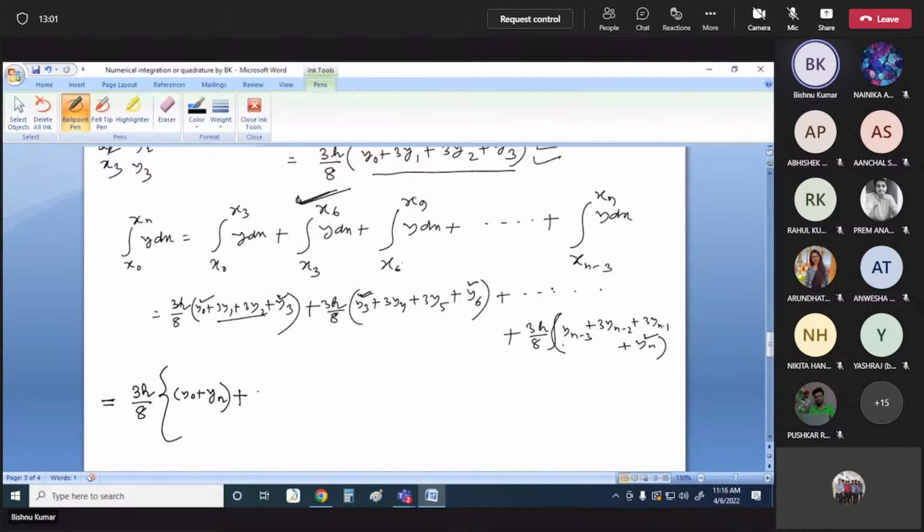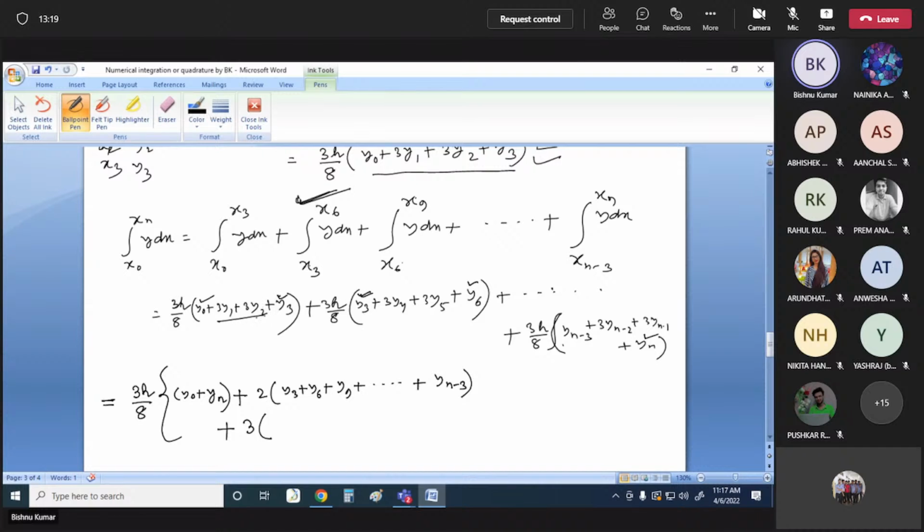So plus 2 into (y3, y6, y9, and so on, continuing up to yn minus 3), plus 3 into all the intermediate y values.